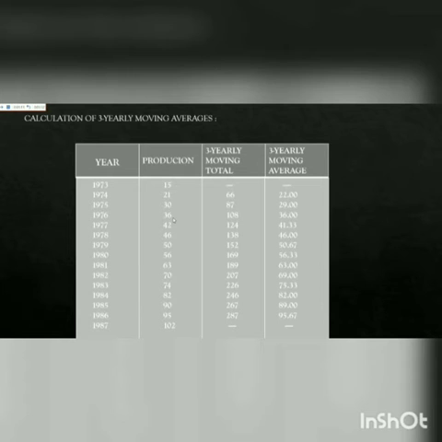This process must be continued till the value of the last item is taken into calculation. Now, each 3 yearly moving total must be divided by 3 to get the 3 yearly moving average. And now, this is our required trend values.